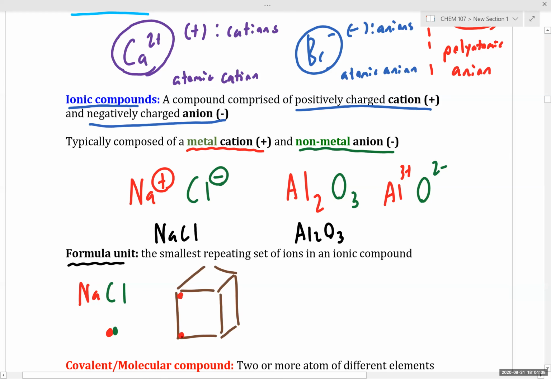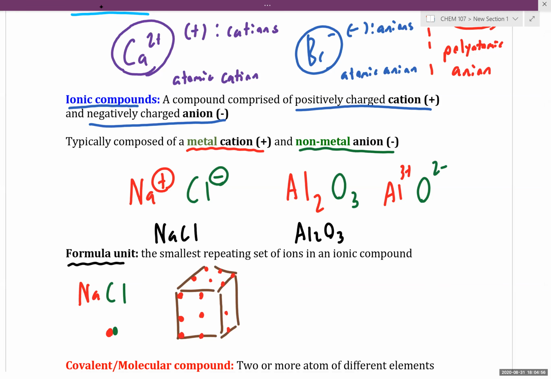So we take our common repeating unit of sodium and chloride, and we repeat this unit multiple times, millions upon millions of times.